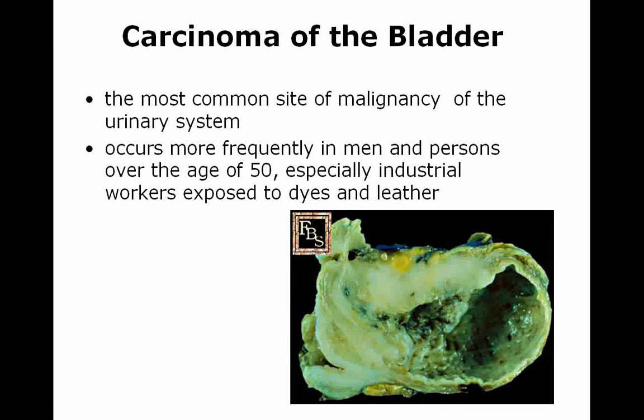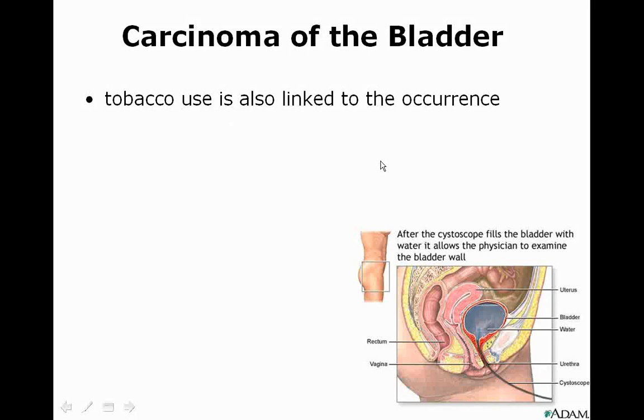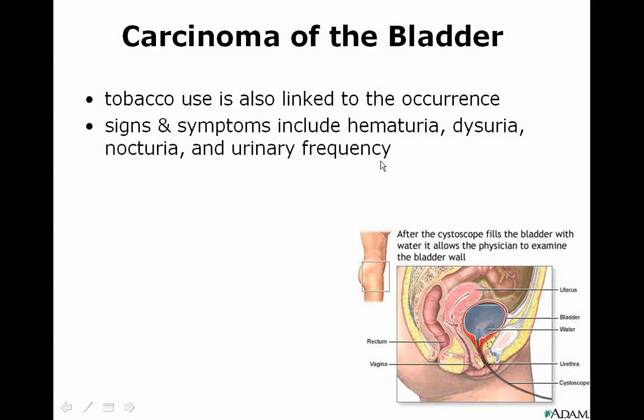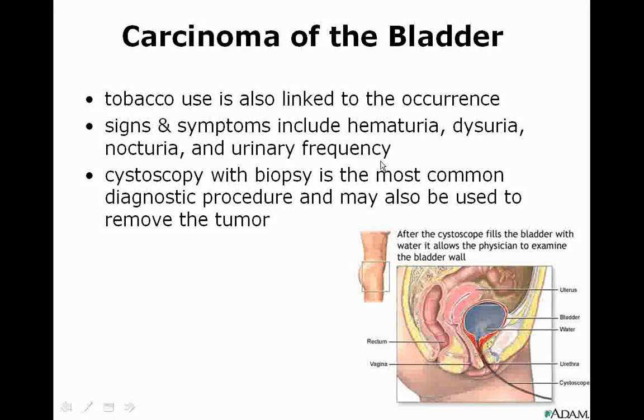I'm sorry, the cancer may spread before it's even found to be present in the bladder. Occurs more frequently in men, more frequently in people over the age of 50, and they have found association with certain occupations and the development of carcinoma of the bladder. And they've also found a strong association between cigarette smoking and the use of tobacco and carcinoma of the bladder.